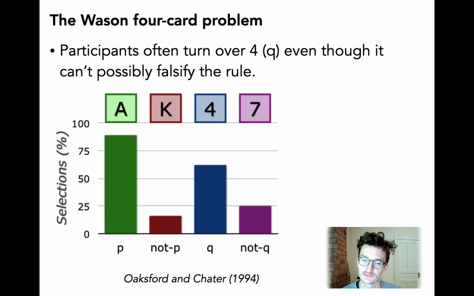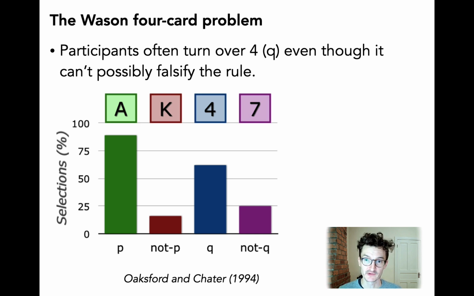So participants are good at identifying that the A needs to be flipped over, but they often also say that the 4 needs to be flipped over, even though there's no possible way that flipping over that 4 can falsify the rule, right? If you flip it over, you can affirm the rule. If you flip it over and you find that there's a vowel, great.